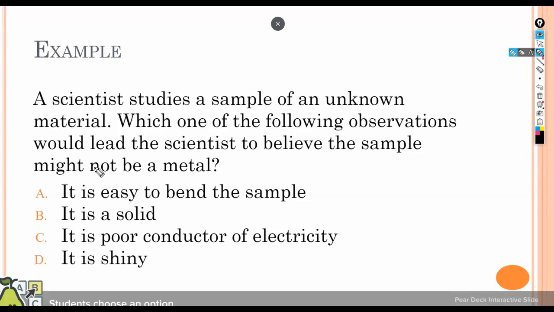Look at that word, might not be. A says it is easy to bend the sample. B says it is a solid. C says it is a poor conductor of electricity, and D says it is shiny. So which of the following observations would make a scientist think that this sample is not a metal? Try to answer that question on your own.